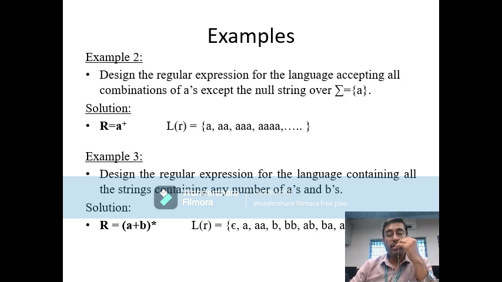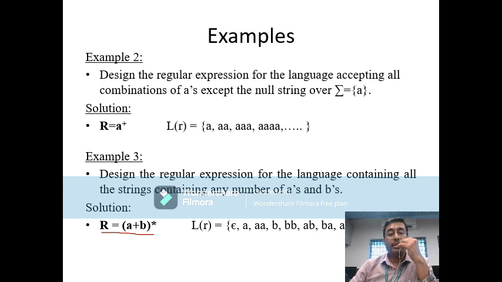So for this particular language, this is my regular expression, which I have shown in bold: R equal to (a plus b) the whole star. If I represent it like this, it means a has a star and b has a star.